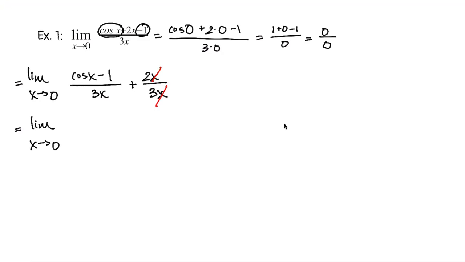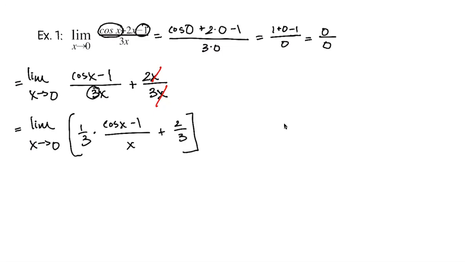So we're going to make some trig substitutions, and we're going to multiply by some things. We're going to take this 3 and make it a 1/3 in the front. That's going to leave us with cosine x minus 1 over x, and then plus the 2/3.